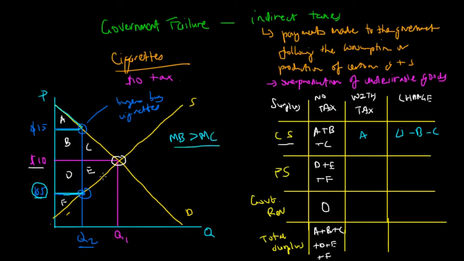If producers supply at $7.50 but can now only make $5 revenue, they make a loss of $2.50.